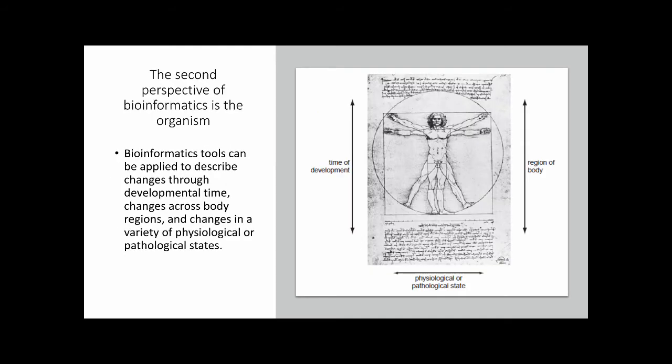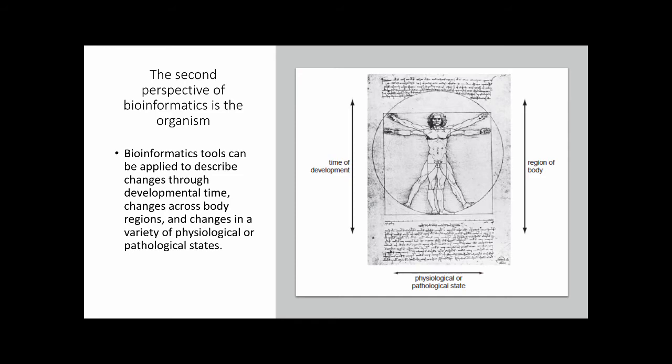And then the second perspective is on the organism. So, this is more applicable to the epigenetics era. So, from those sequence data, bioinformatics tools can be applied to describe changes through developmental time, changes across body regions, and changes in a variety of physiological or pathological states.